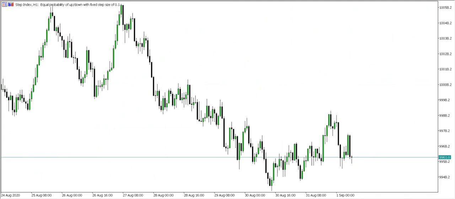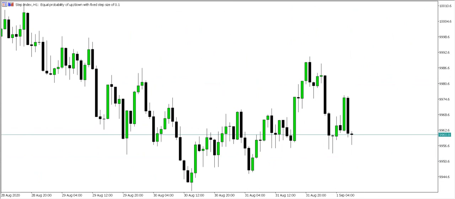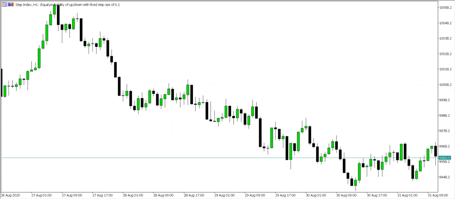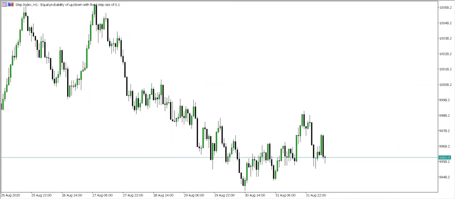For example, if I zoom in a little bit, I see that the trend is dropping, and as the trend continues to drop, it gives me a series of bearish order blocks. I see that the last order block was actually this one right here.